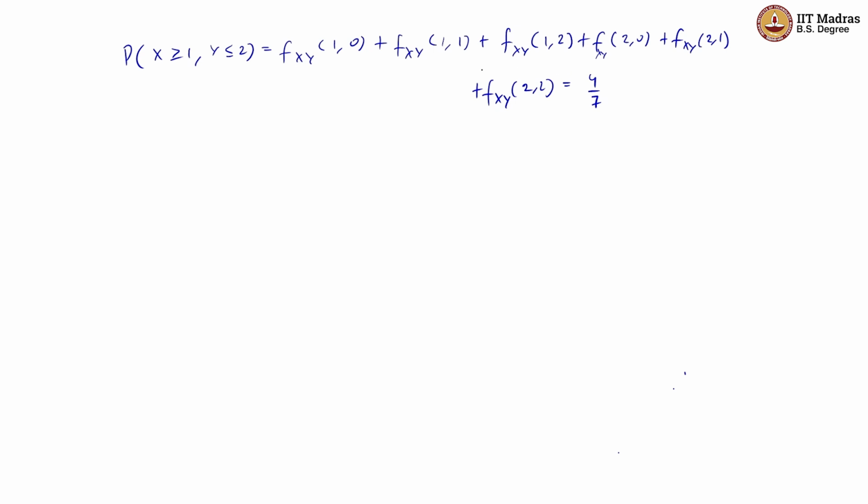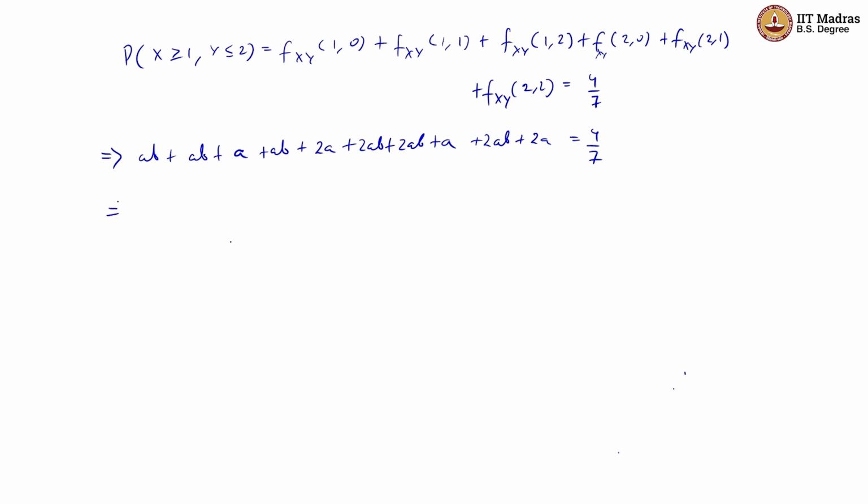So now just simply put the values of x and y for finding the joint probabilities in the given PMF and we'll get the probability in terms of A and B. So on putting the values we will get AB plus AB plus A plus AB plus 2A plus 2AB plus 2AB plus A plus 2AB plus 2A, and this is equal to 4 by 7.